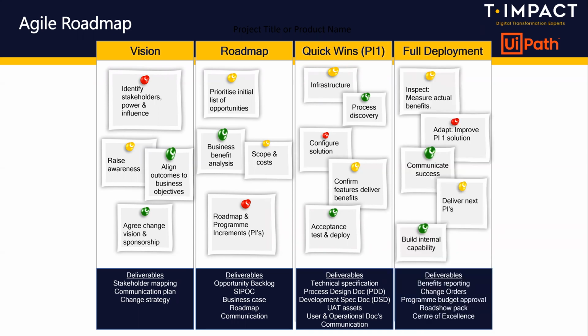Inspect and adapt. So once you go into full deployment, it's really worth mining the information that you're generating out of your bots to determine what the business benefits actually are. There's been a number of cases where we worked and prepared a business case, and we found that the benefits were actually much higher, occasionally lower, but generally much higher than anticipated, because the split of transactions was different than anticipated.